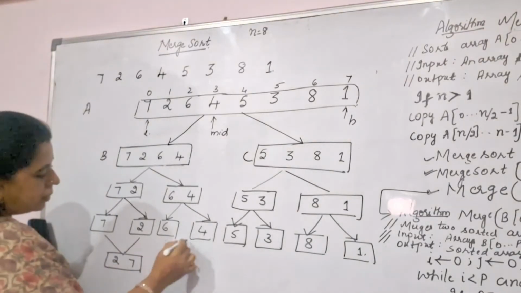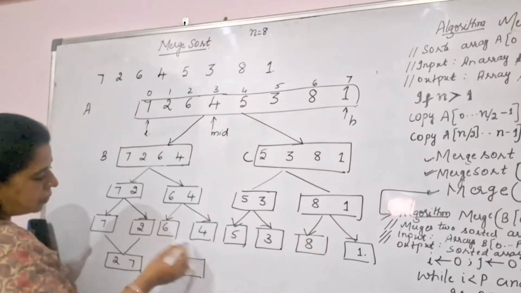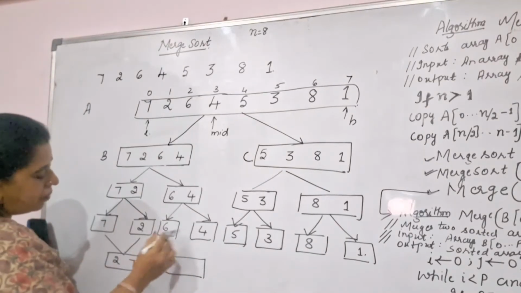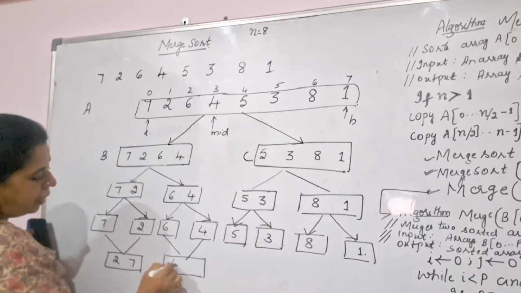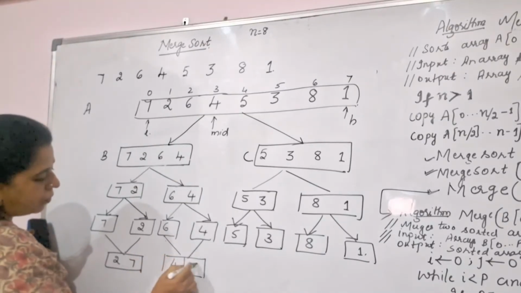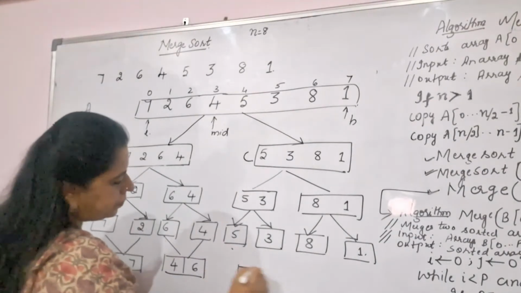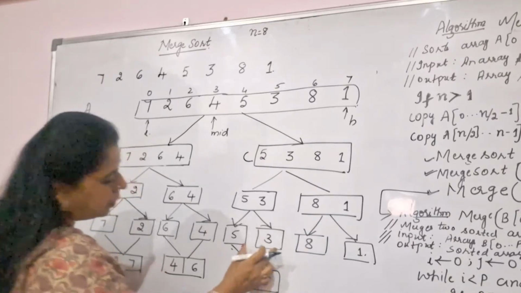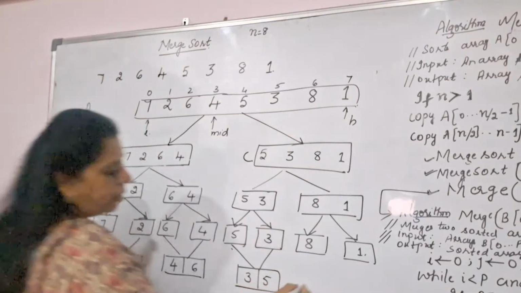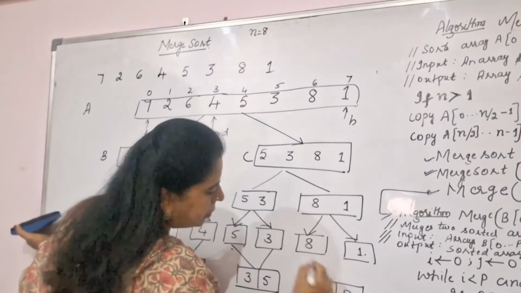Similarly here, 6 and 4 are not sorted. 6 is one element, 4 is one element. When these two individual elements are combined into an array, it will be in sorted form. So 4 will appear here and 6 will appear here. Similarly here, 3 and 5 are combined as well as sorted.